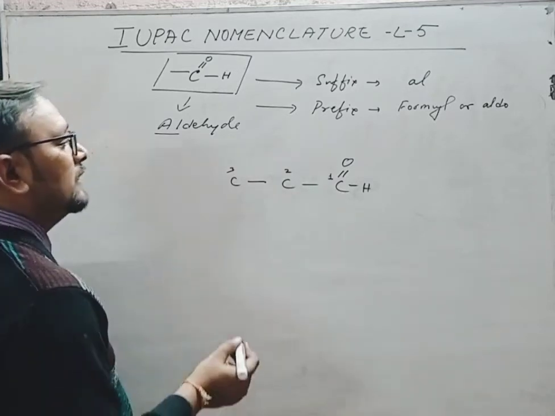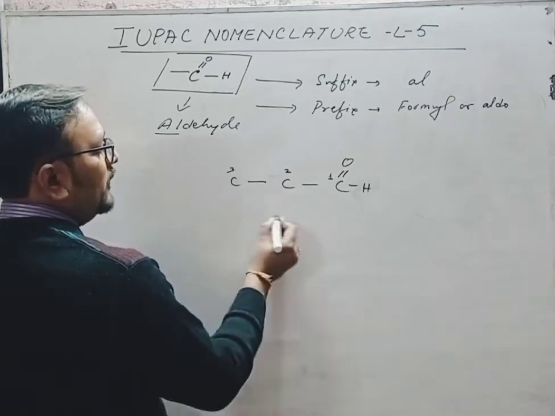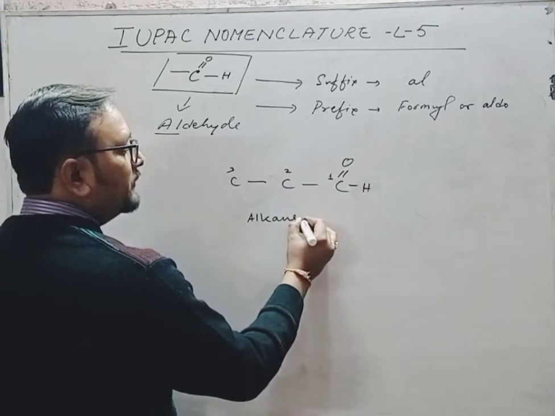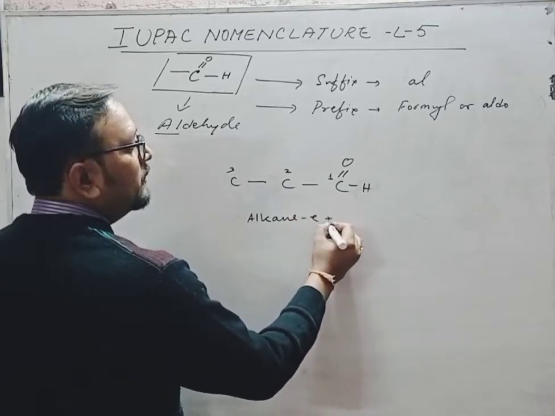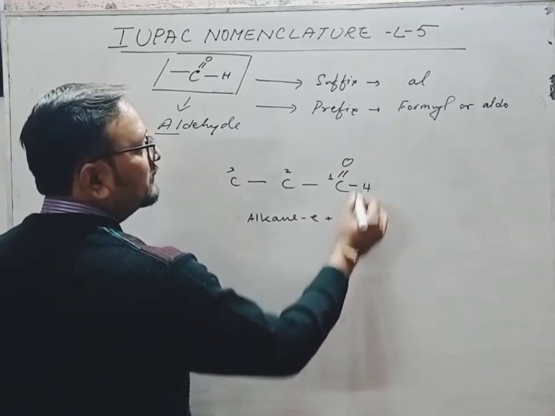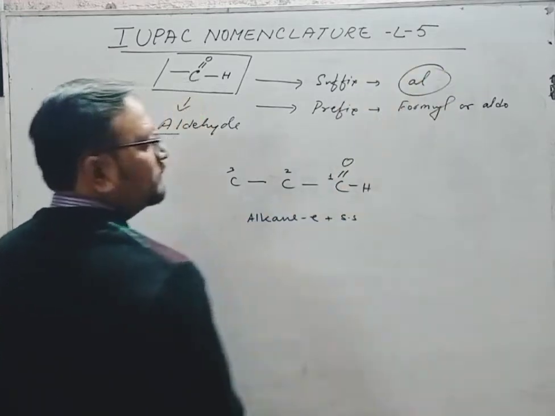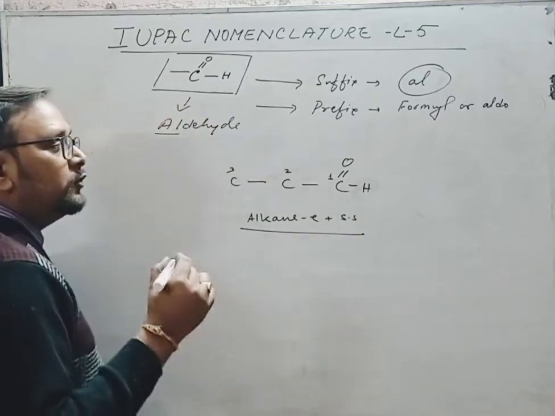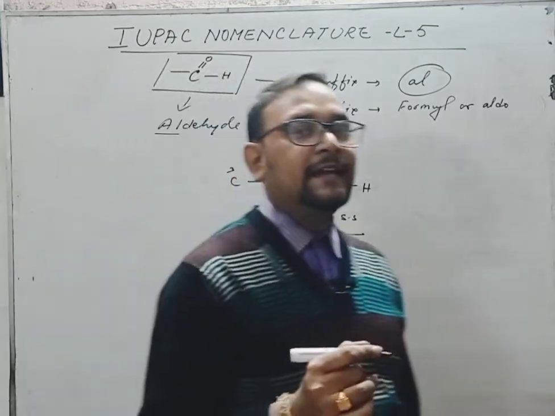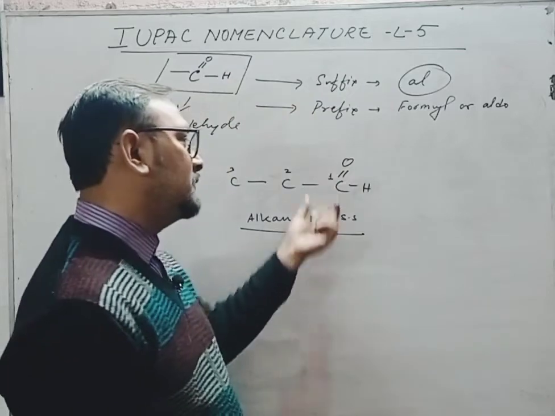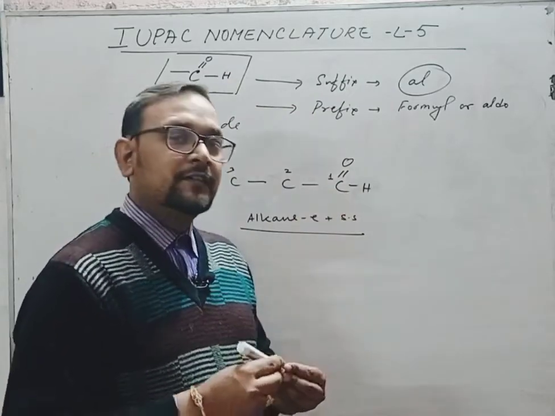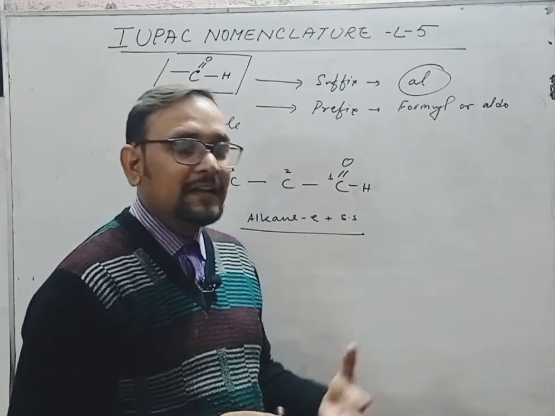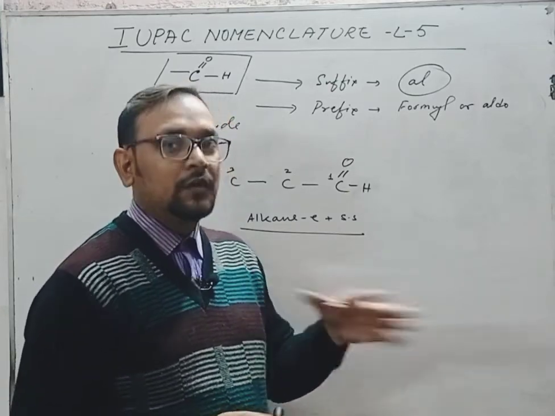So what is the format? Alkane, drop the E, plus the secondary suffix. So what is the secondary suffix here? "al". We do not need to mention the position of the aldehyde, because since it is a terminal functional group, we need not mention its position by writing numerical prefixes. 1, 2, 3, we do not need here.